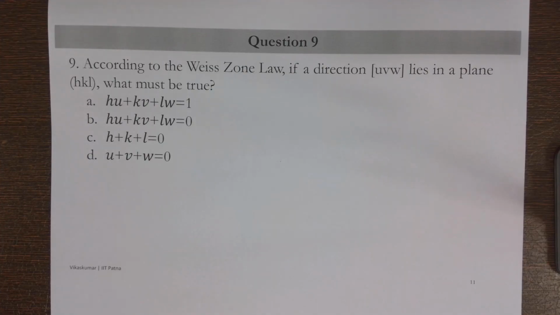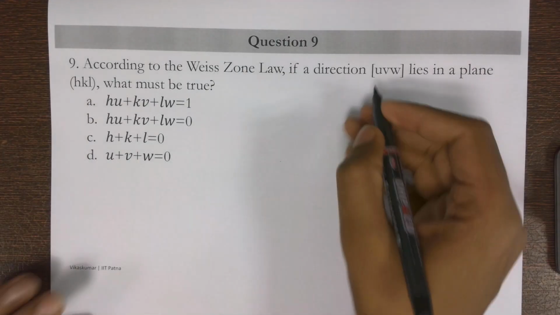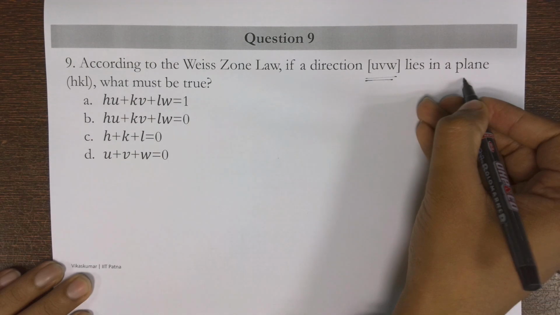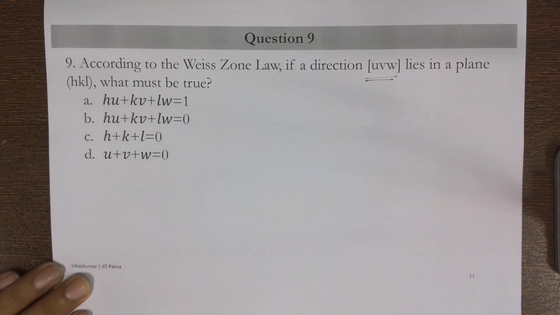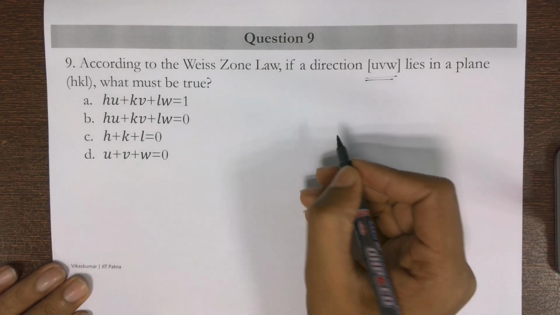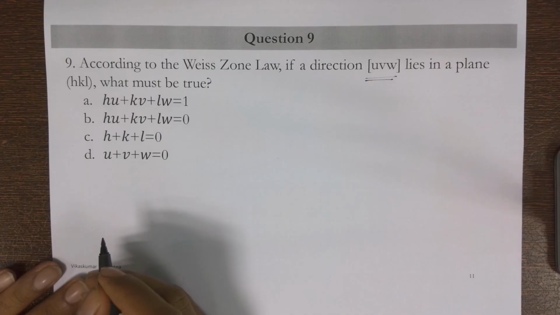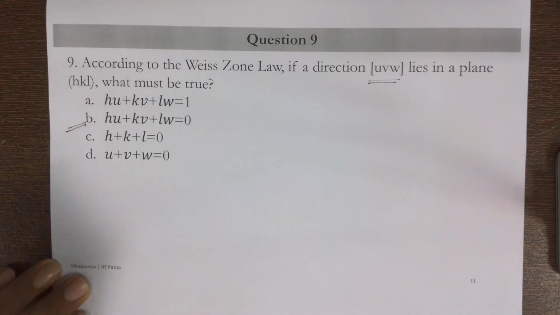According to the Weiss zone law, if a direction lies in a plane HKL, what must be true? Option B, right? Very good.